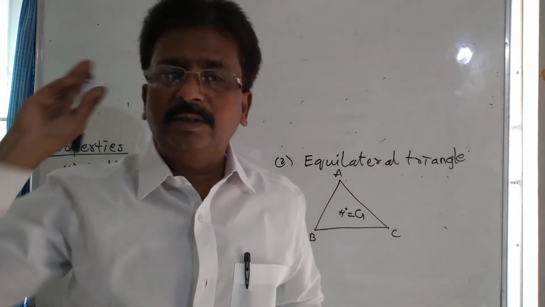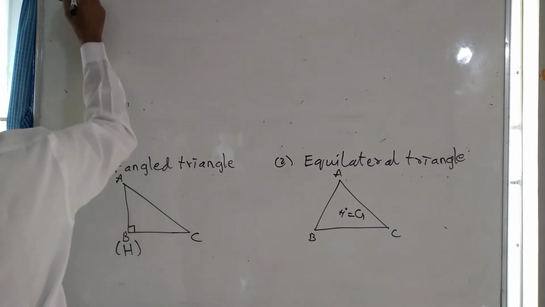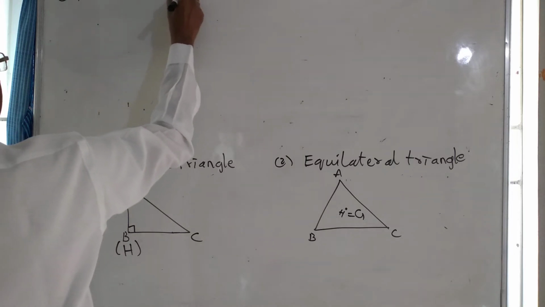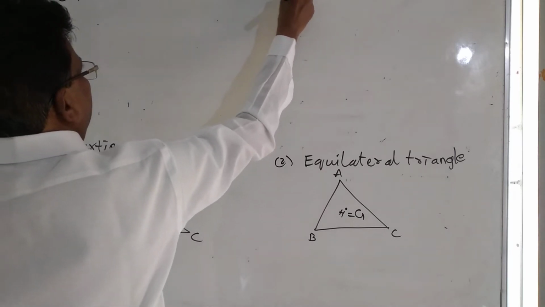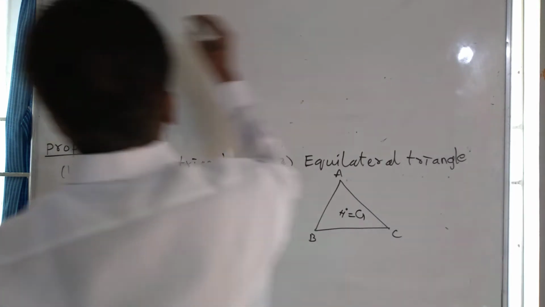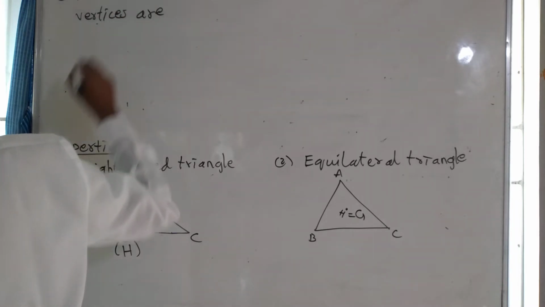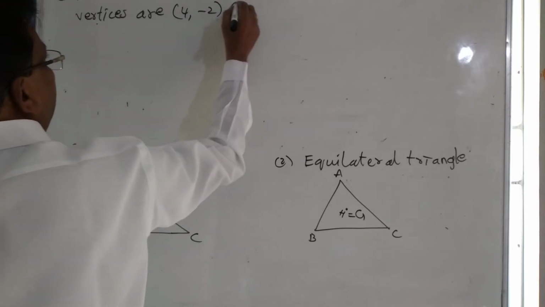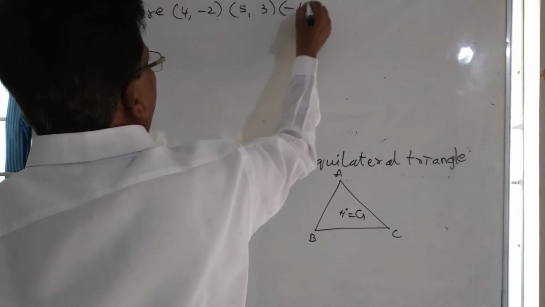Okay, I will write one question to find the orthocenter. Find the orthocenter of the triangle whose vertices are (4, -2), (5, 3) and (-15, 7).